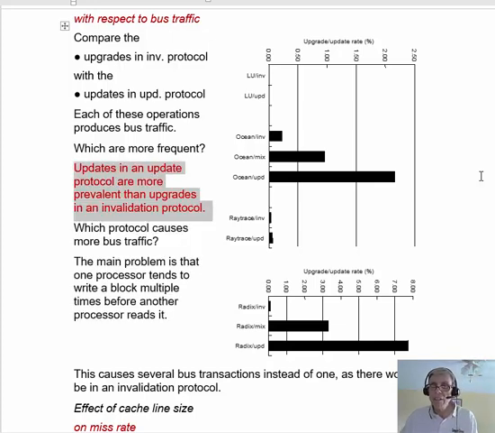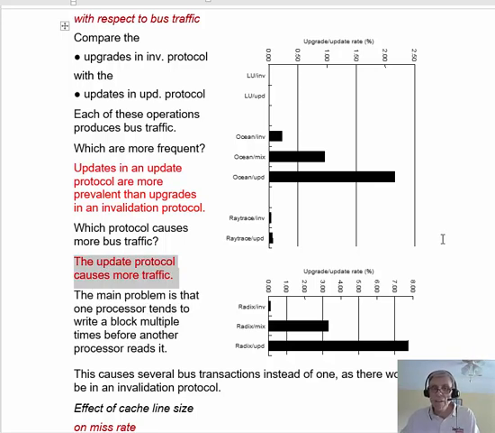Well, we find that updates in an update protocol, as you can see here, are much more frequent than upgrades in an invalidation protocol. So which protocol causes more bus traffic? Well, that's the update protocol.